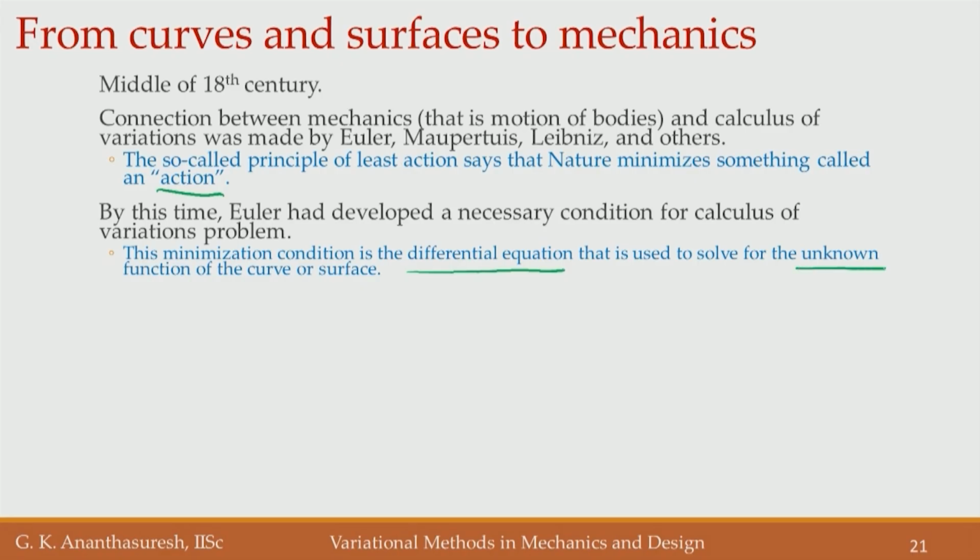So, the unknown function is the cornerstone of calculus of variations, right. When you have an unknown function, the equation that enables you to solve for it is a differential equation, and the differential equation comes out as a necessary condition for the minimum of a functional or an integral kind of thing that we have seen in the last slide.